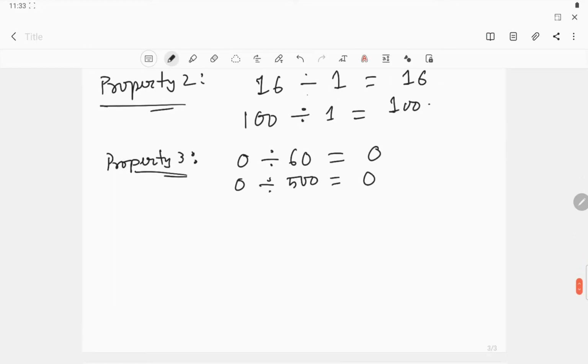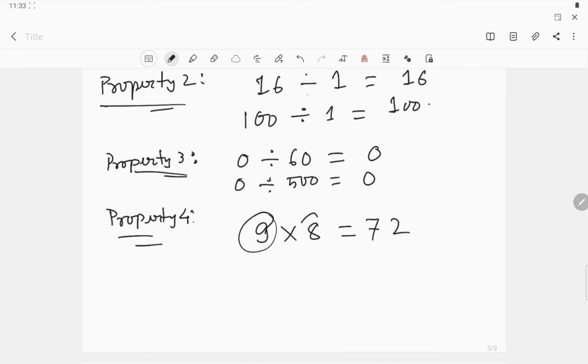And property 4: division and multiplication are related. That means every multiplication fact has 2 division facts. For example, 9 eights are 72. This 9 and 8 are factors of 72. We learned this in class 3, and also in class 4, in the next chapter.